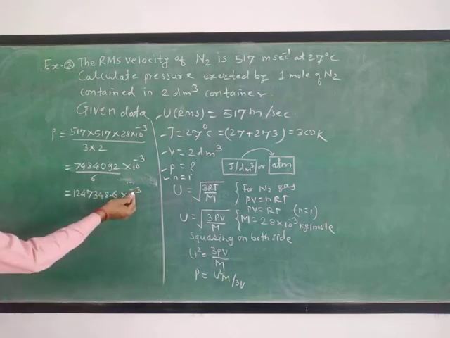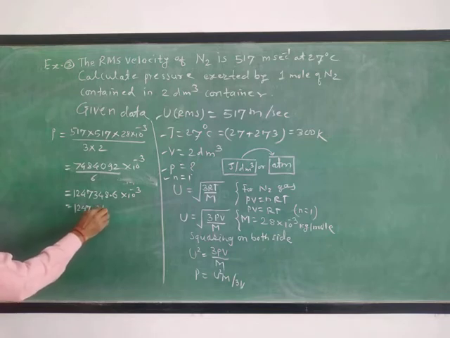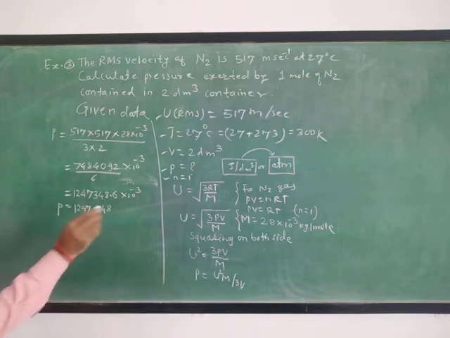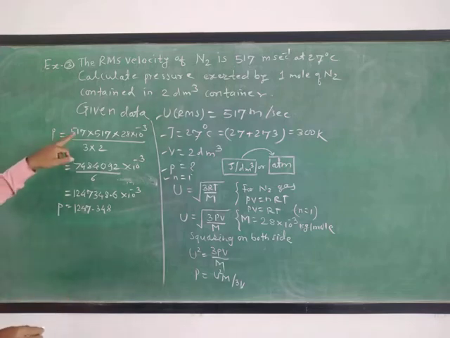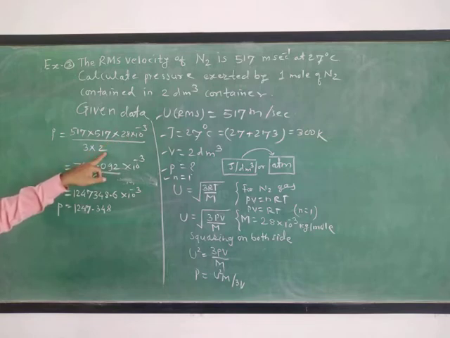Now in order to absorb this minus 3, it will be 1247.348. This is nothing but pressure. But here don't forget the units: meter per second, kg, dm cube, all are constant.